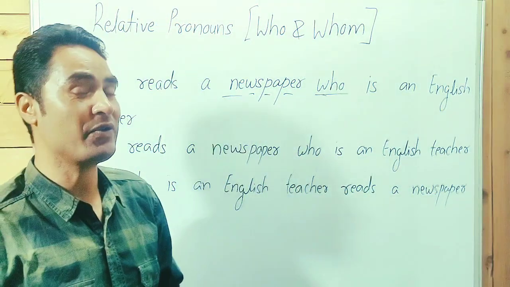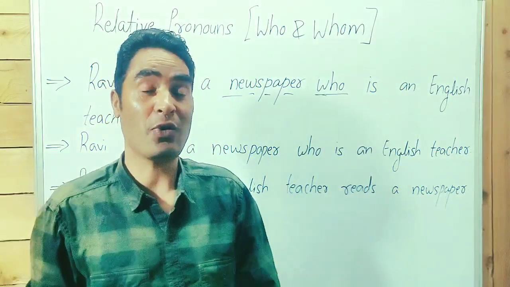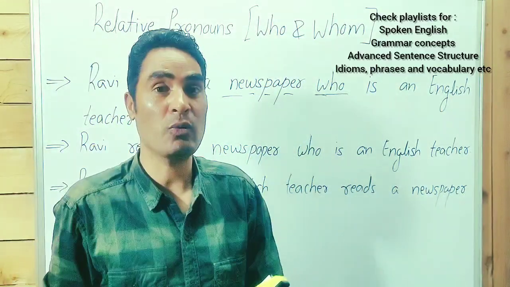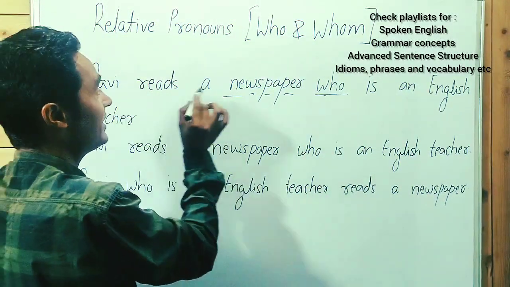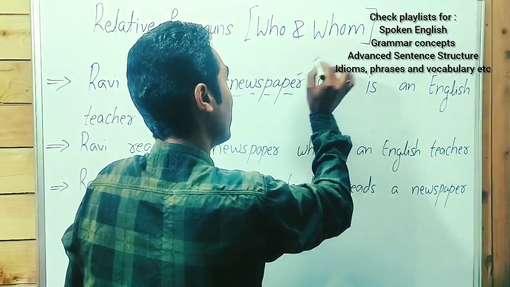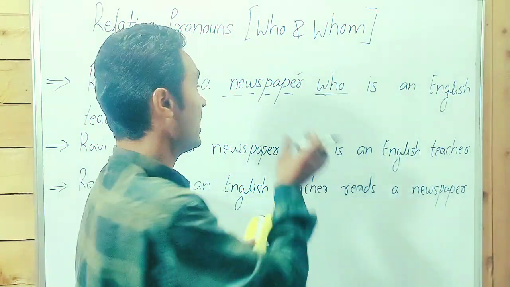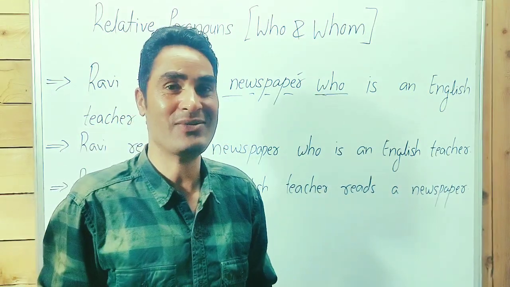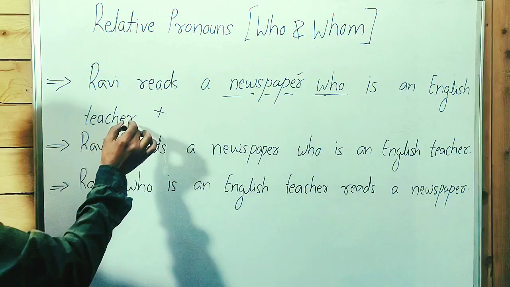As I mentioned before, "who" is not used for non-living things. A newspaper is not a human being, so this is an incorrect sentence. It means the newspaper is an English teacher. No, it's impossible, so this is an incorrect sentence.